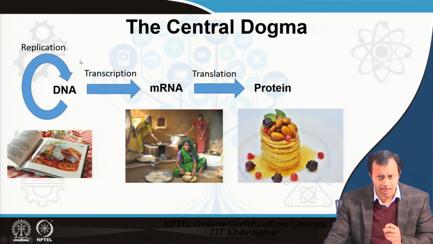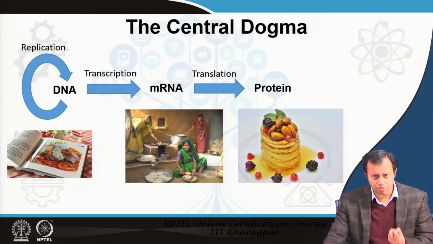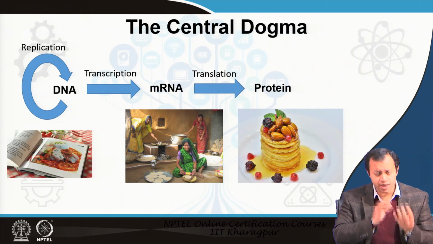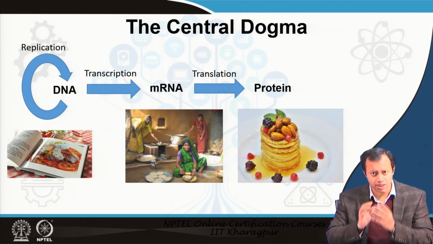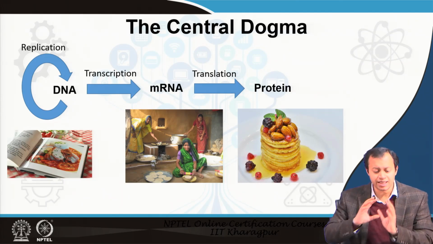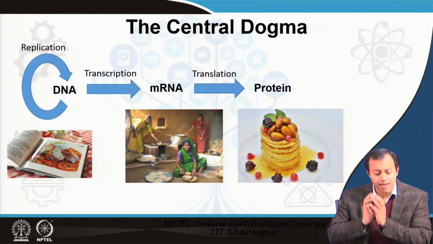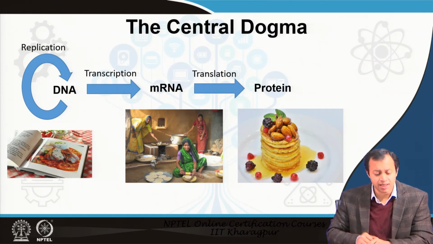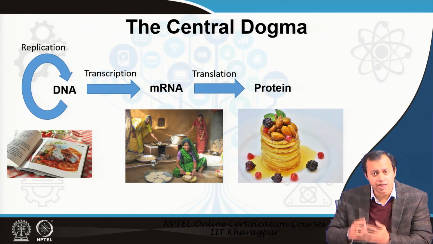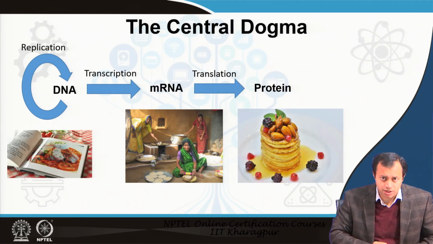Central dogma describes how genetic information, how information from one organism to another organism passes via DNA, RNA and protein. DNA synthesizes RNA, RNA synthesizes proteins.